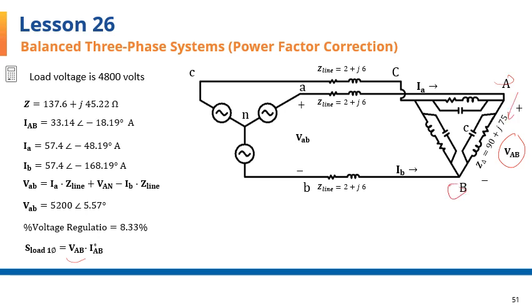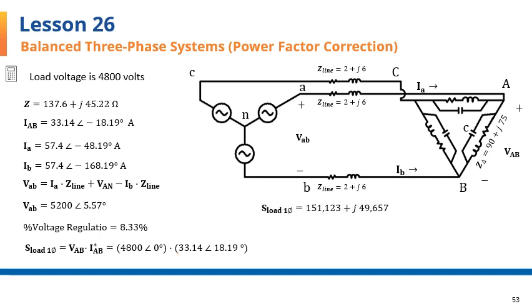Of course, IAB was found earlier, this right here. To turn it into its conjugate, we change the negative into a positive. And here are the values. 4800 with 0 is VAB, and this is the conjugate of IAB. The complex power of that single-phase load comes to this value, which is a complex number written in its Cartesian format.